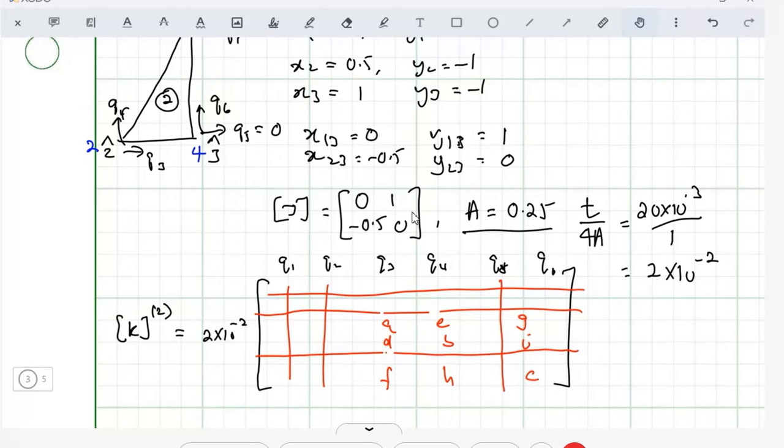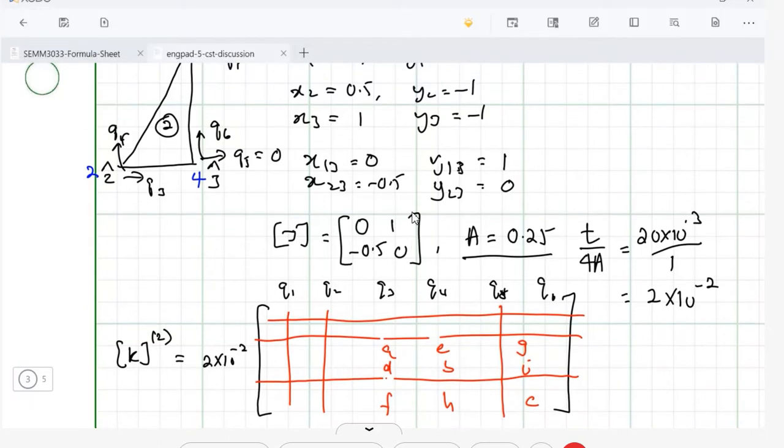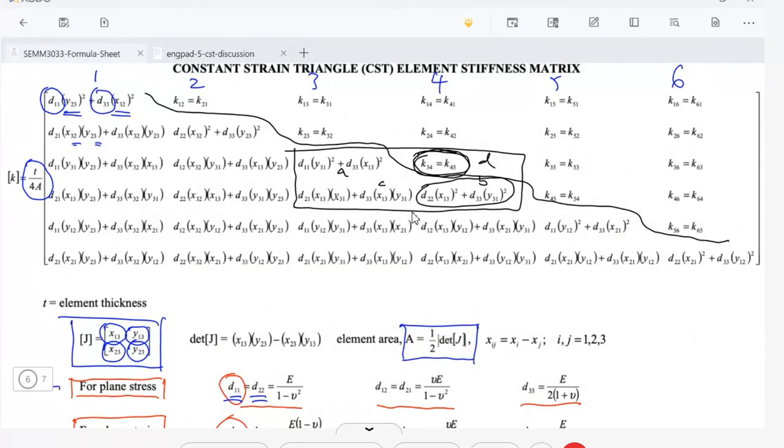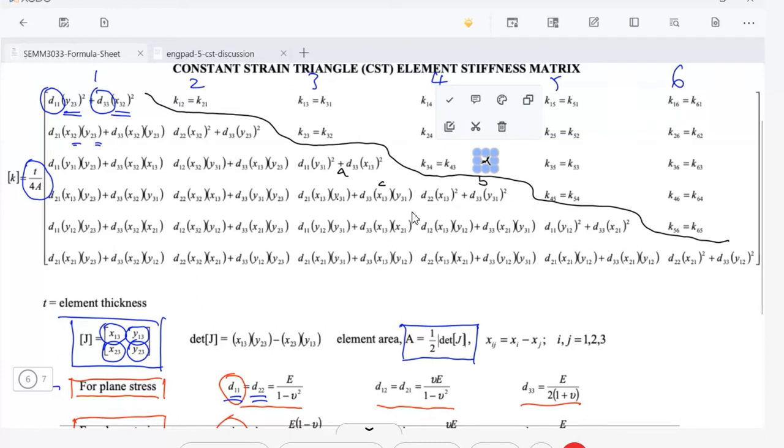Okay, now back to the formula, and we know that we are interested to find... Oh, it's full already. Let me do this again, let me delete all this because we do not need all this.